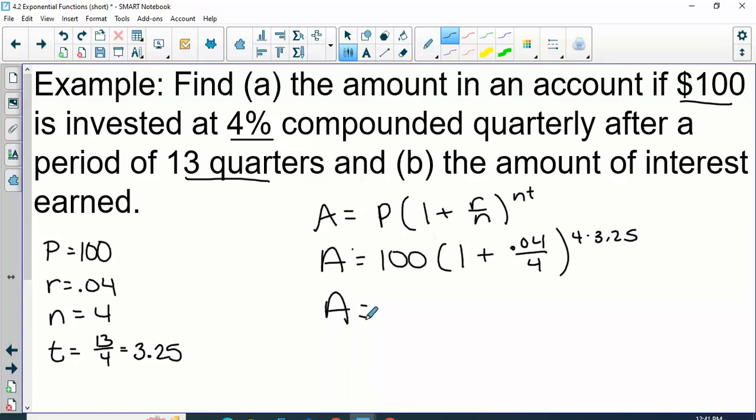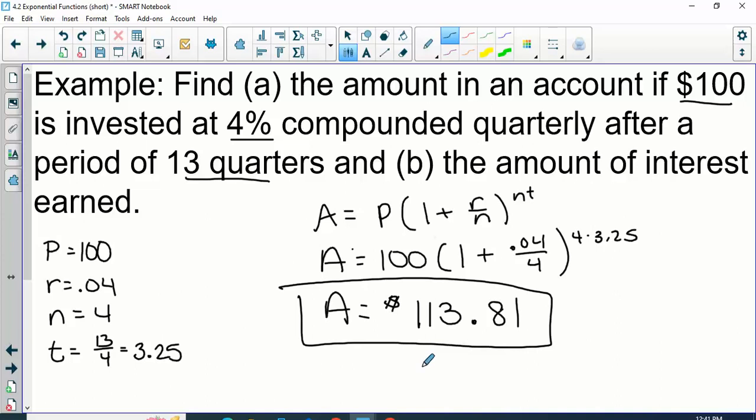Since we are talking about money, we will round to 2 decimal places. What do you get for your ending? How many decimals? 2. 113.81. So that's our answer to part A.